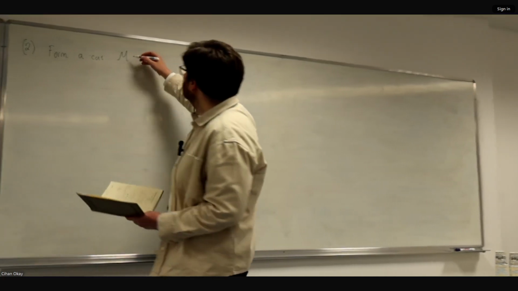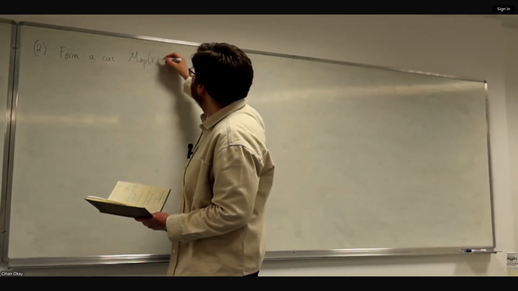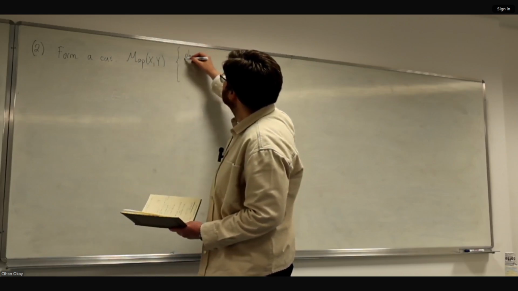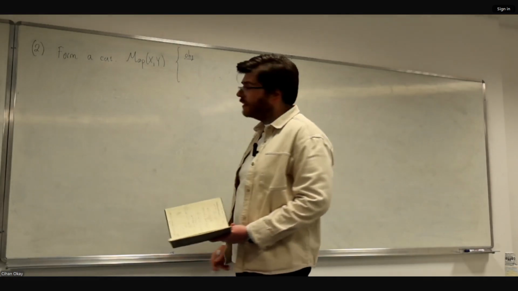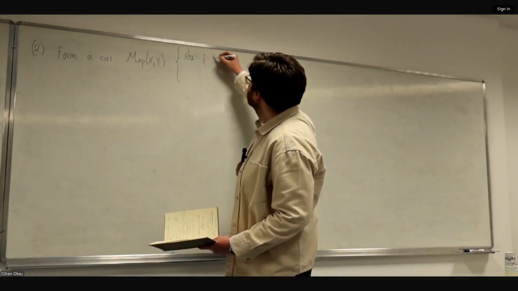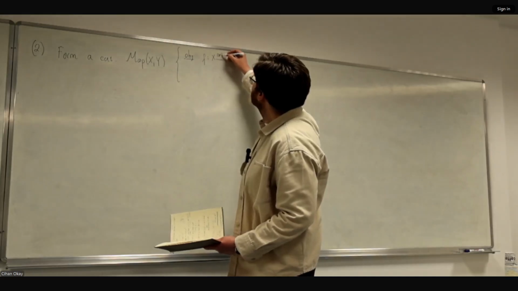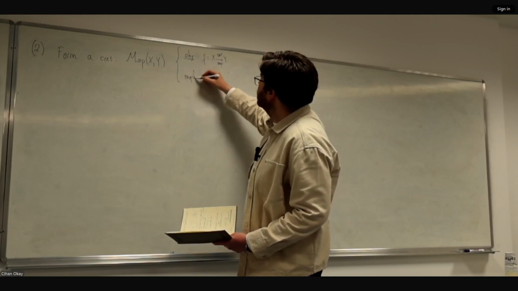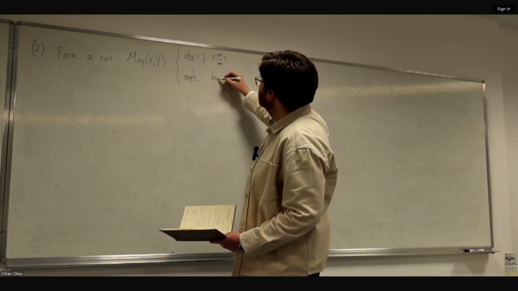Let's call it something like this. It has objects. Objects are continuous maps. And what about morphisms? They are just homotopies.